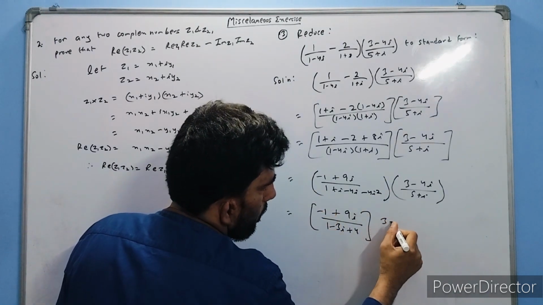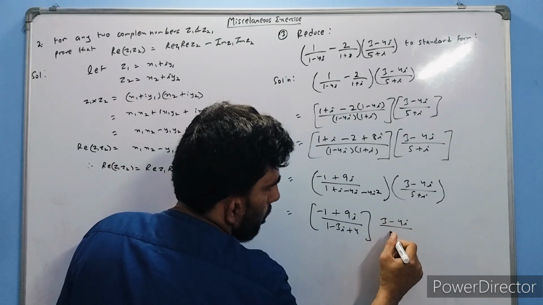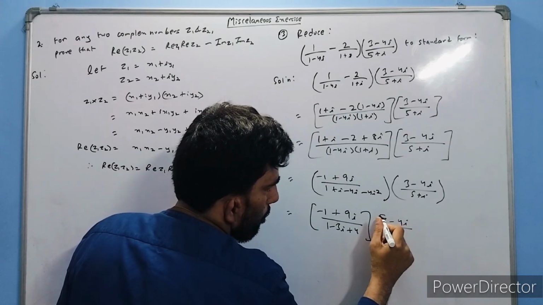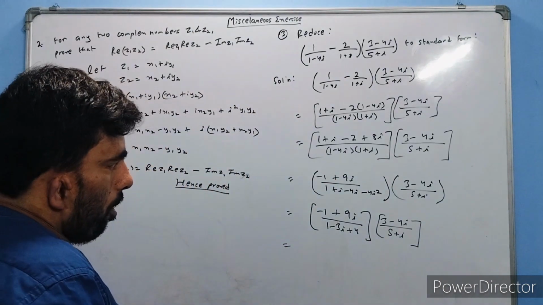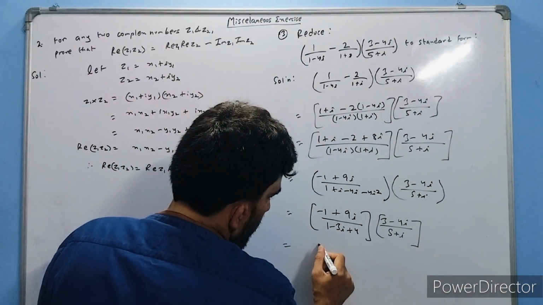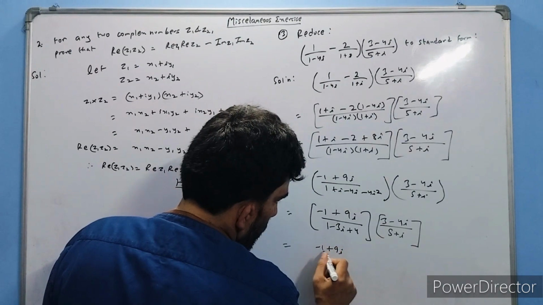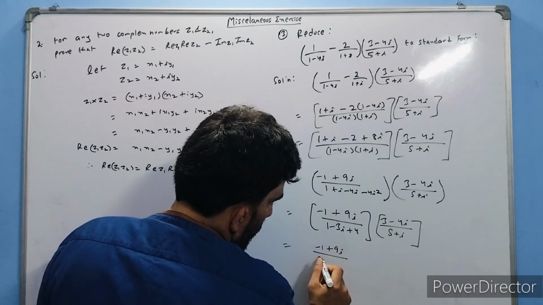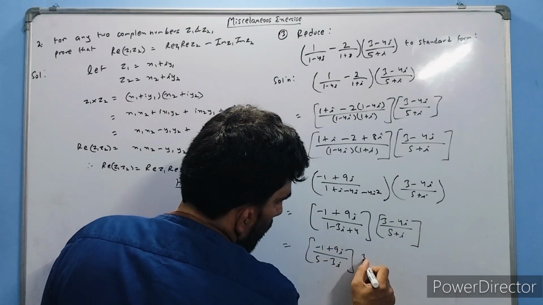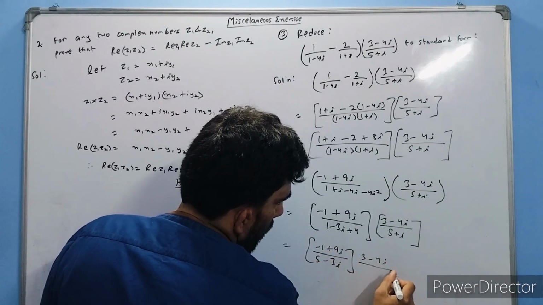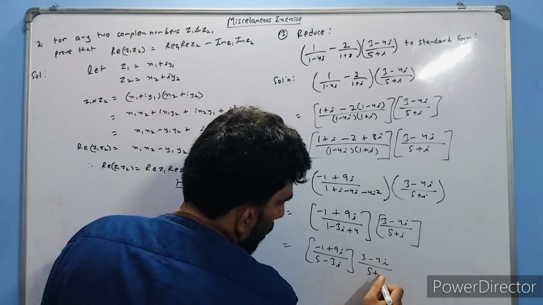So now what we got here is minus 1 plus 9i upon 5 minus 3i, and we have this 3 minus 4i upon 5 plus i.